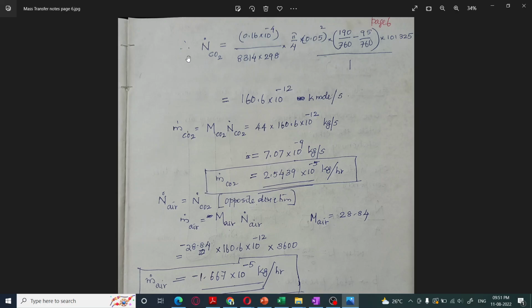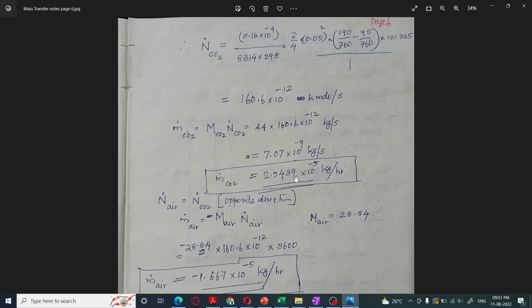So only the mole flux or mole rate will be the same. Mass rate will not be the same. Mass rate can be obtained by multiplying the molar diffusion rate with the molar mass.